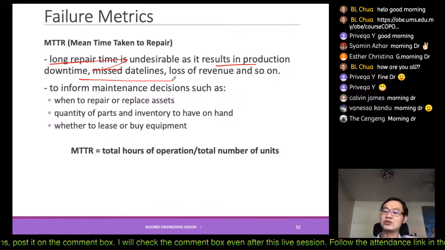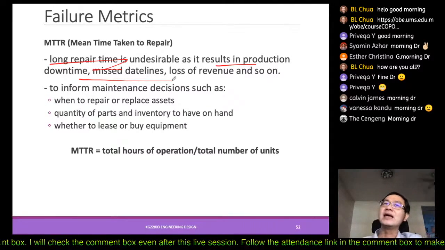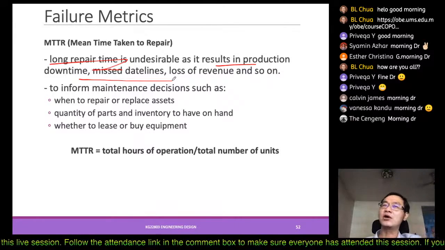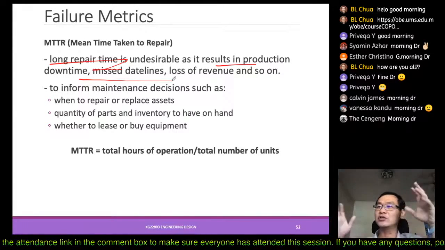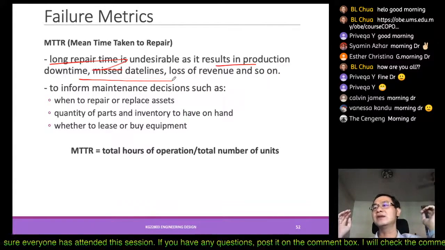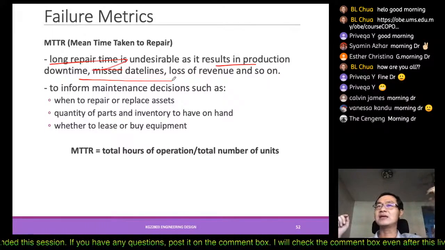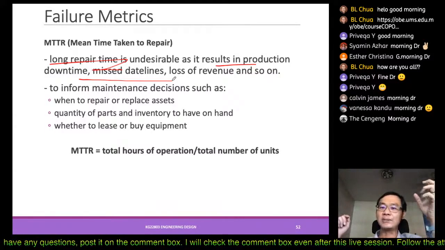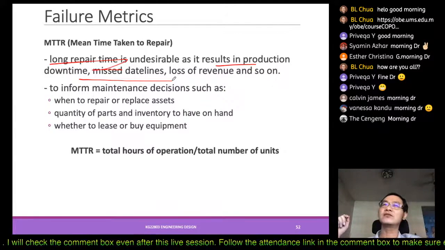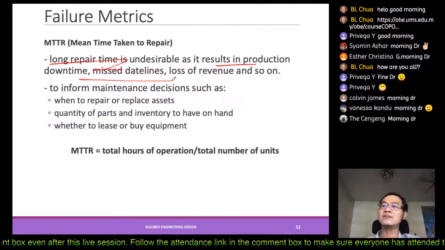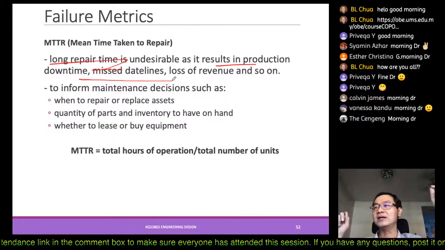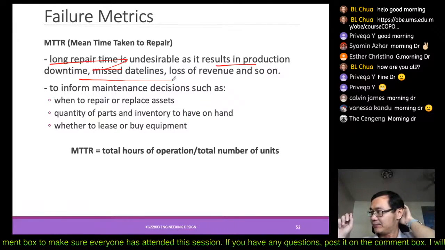So this is where you start to use it as a platform to plan for your next maintenance job or factory shutdown, so that you will know how long it needs to get all these things done. This repair may include looking for the part, asking the supplier or manufacturer to send the part, maybe from UK, Europe, and now due to MCO, whatever, the time will change. So there is this downtime problem.